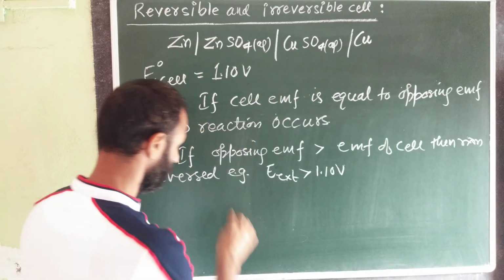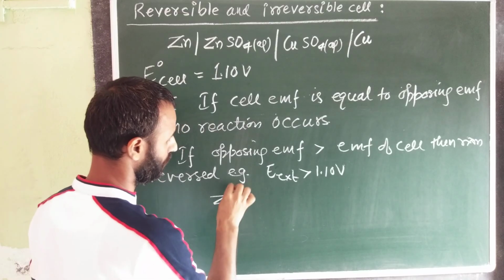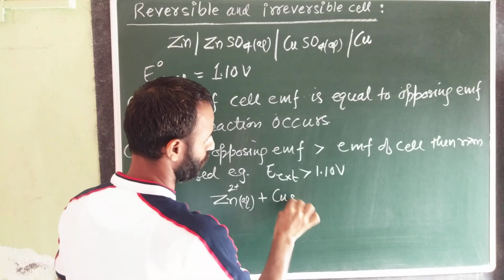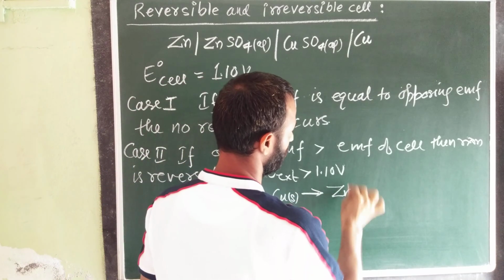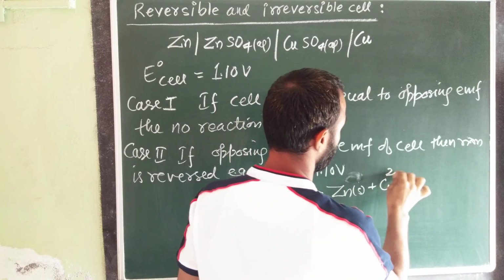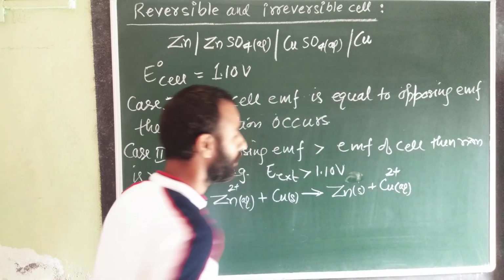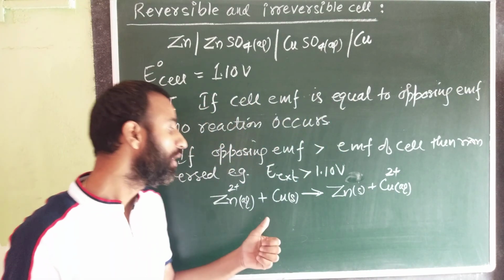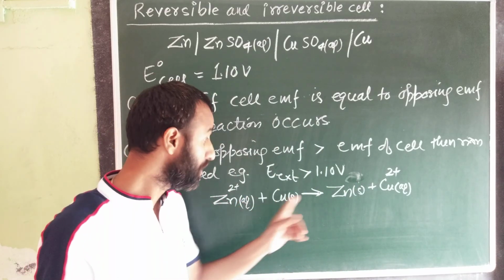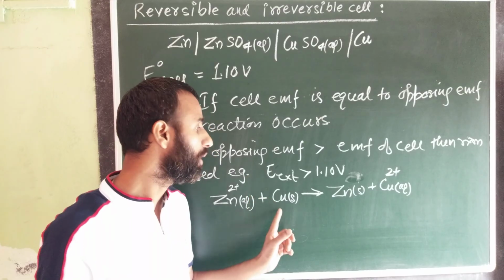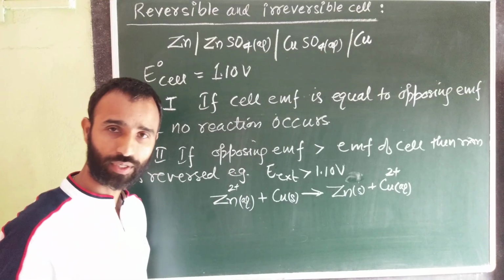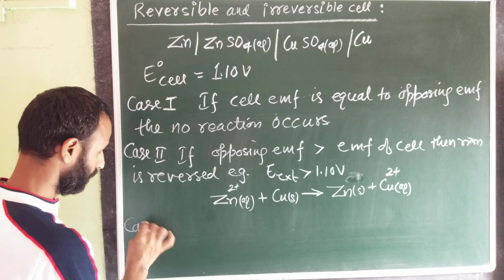Then what would happen? Zinc 2 plus and copper solid gives zinc solid and copper 2 plus aqueous. That means current starts flowing from copper to zinc. Electronic current flows from copper to zinc and the conventional current from zinc to copper. Right?